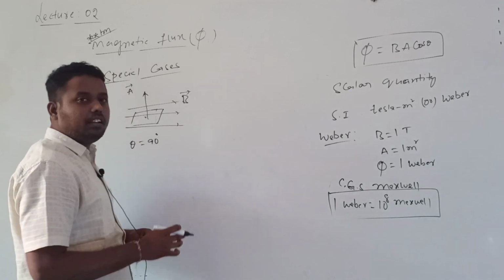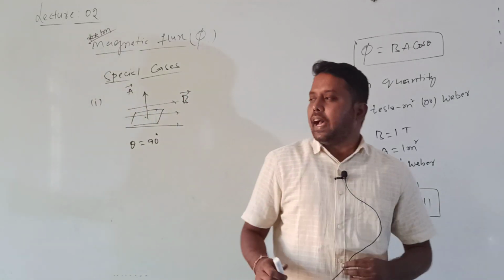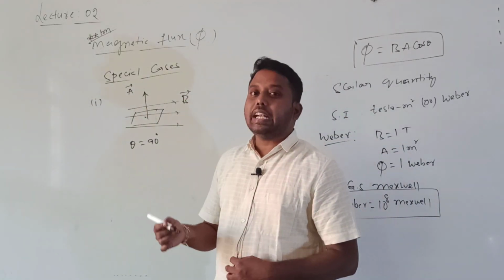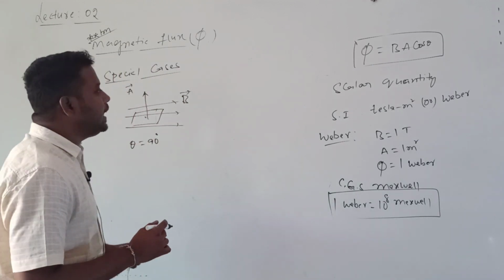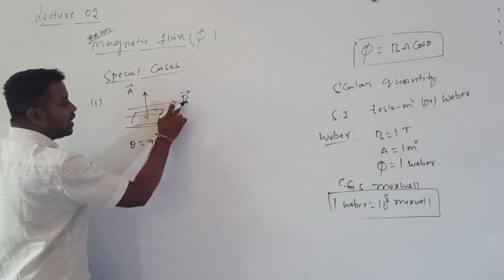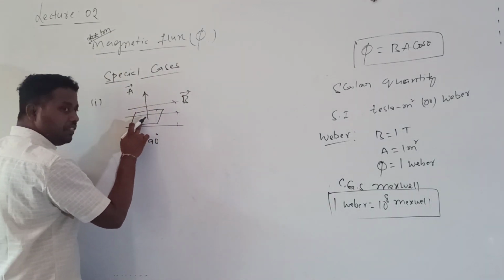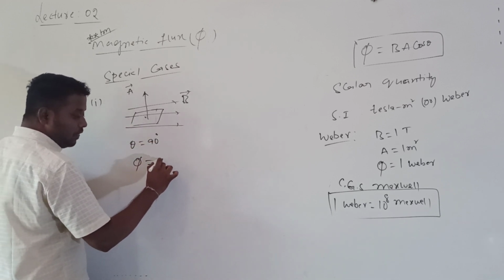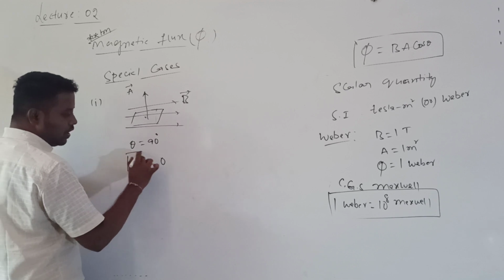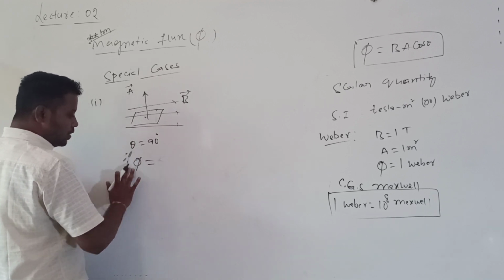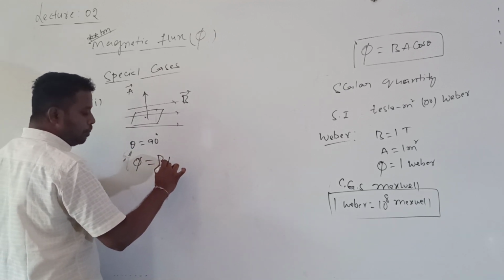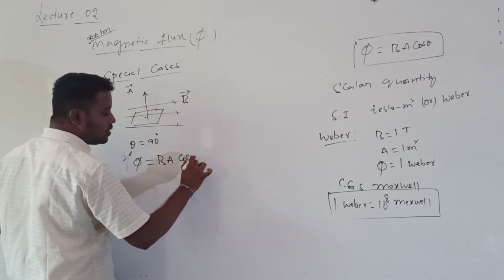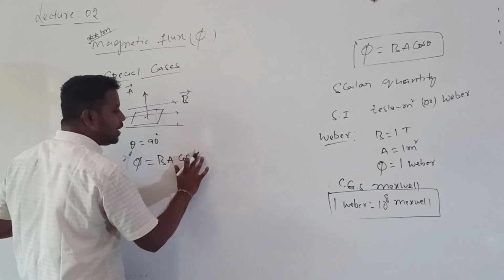If the angle between B bar and A bar is theta 90, the field lines are tangential to the given surface. At that time, what happens to the flux? Flux will be 0. Why is flux 0? Flux is the dot product, B into A into cos 90.